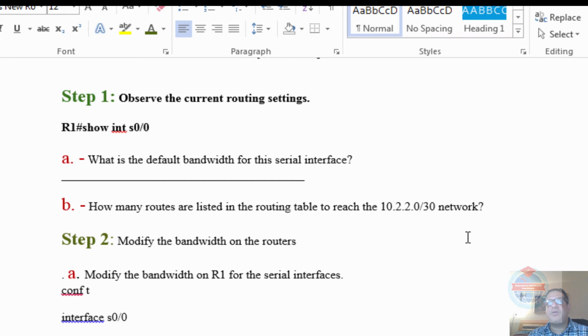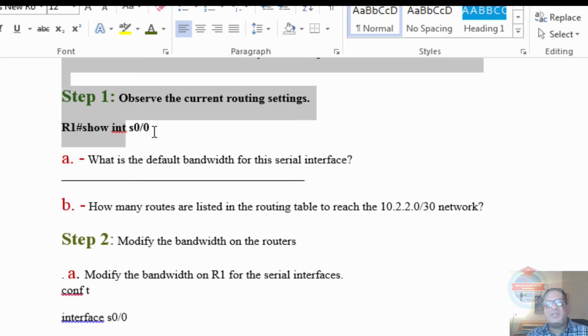So step 1, observe the current routing settings. Show interface S0/0.